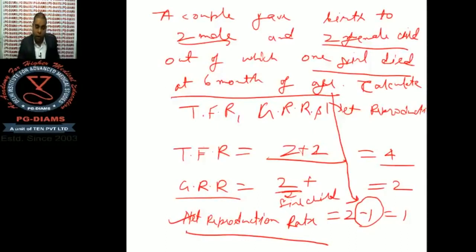But to calculate gross reproduction rate, we simply write all the girl child born to the couple. We will not subtract anything. Okay. Clear? Go back and revise the formula from your book as well. But this is the concept behind total fertility rate, gross reproduction rate, and net reproduction rate.